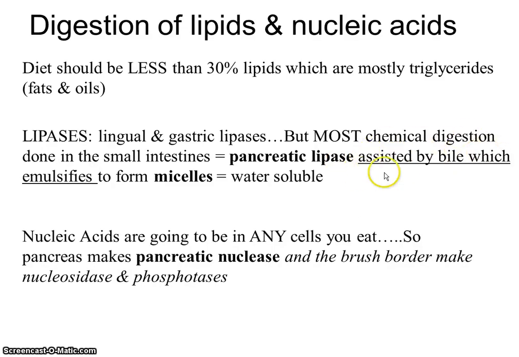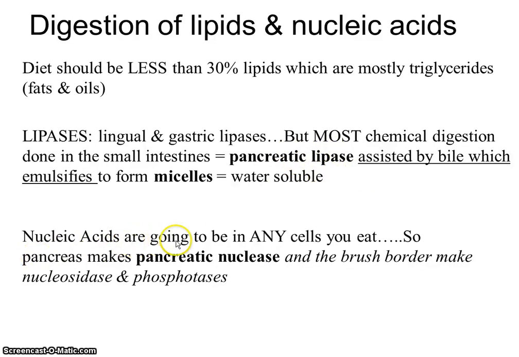And this, of course, is absolutely assisted. It's invaluable to the working of lipases is bile. So bile is really, really important to get pancreatic lipases to work. And bile emulsifies, so forms these droplets that we call micelles. And once the droplets are formed, then pancreatic lipase is a whole lot more effective.